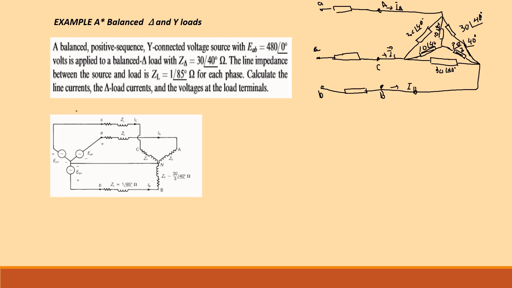Now, to find the line current, we can take a single phase of this system. Since the system is symmetrical, the source is symmetrical, the transmission line is symmetrical, and the load is symmetrical, we can take a single phase of the system.